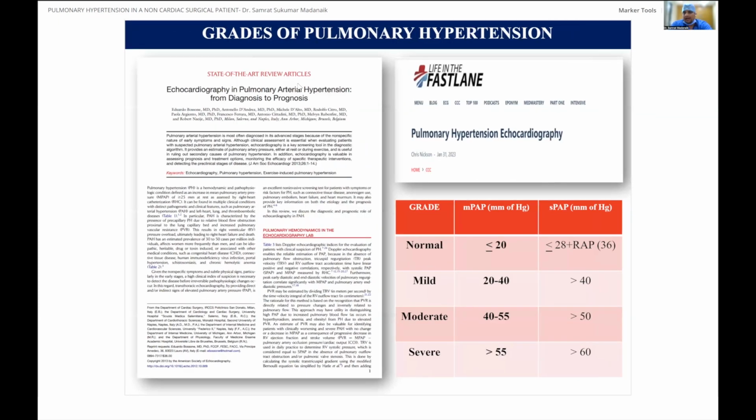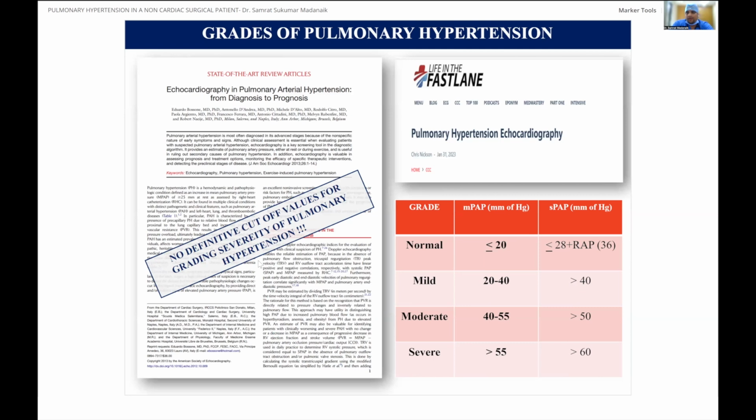Now, there are different grades according to which we classify a patient of pulmonary hypertension. Basically, these are based on echocardiography. There is no definitive grading of patients with pulmonary hypertension based especially on echocardiography. But as a rule of thumb, most people will agree that patients who have mean pulmonary artery pressures between 20 to 40 are classified as having mild pulmonary hypertension.